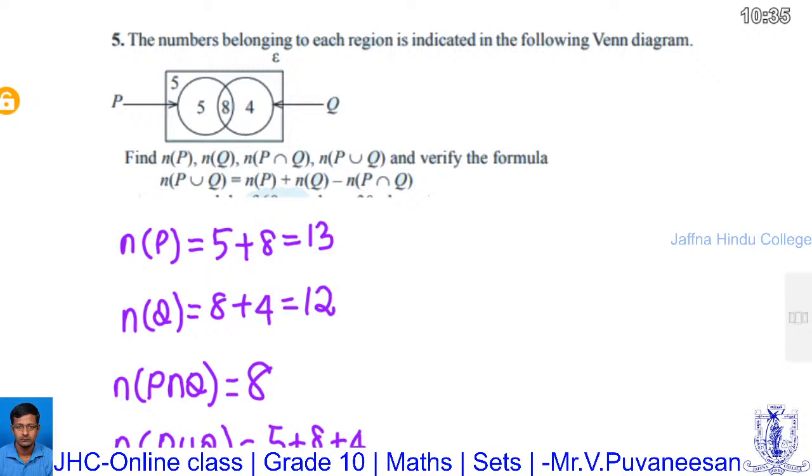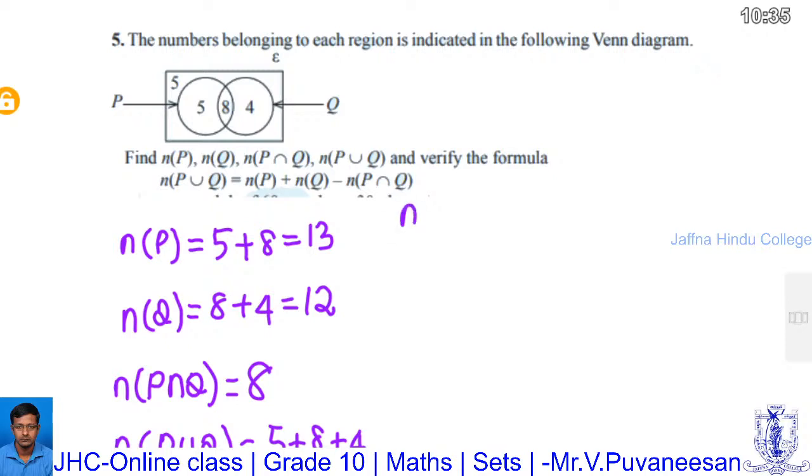Now these 4 that have been asked for, we have written. Then what have you been asked? You have been asked to verify the formula. So what is the formula?